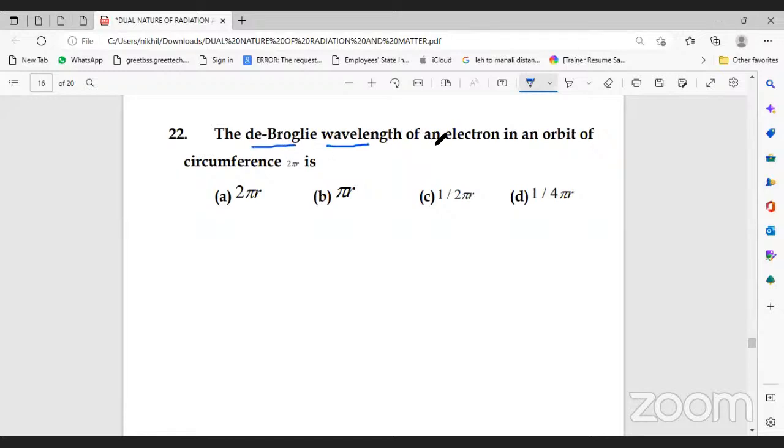The de Broglie wavelength of an electron in an orbit of circumference 2 pi r is... What is the formula for the de Broglie wavelength actually? Lambda is equal to h divided by mv. Correct, no?